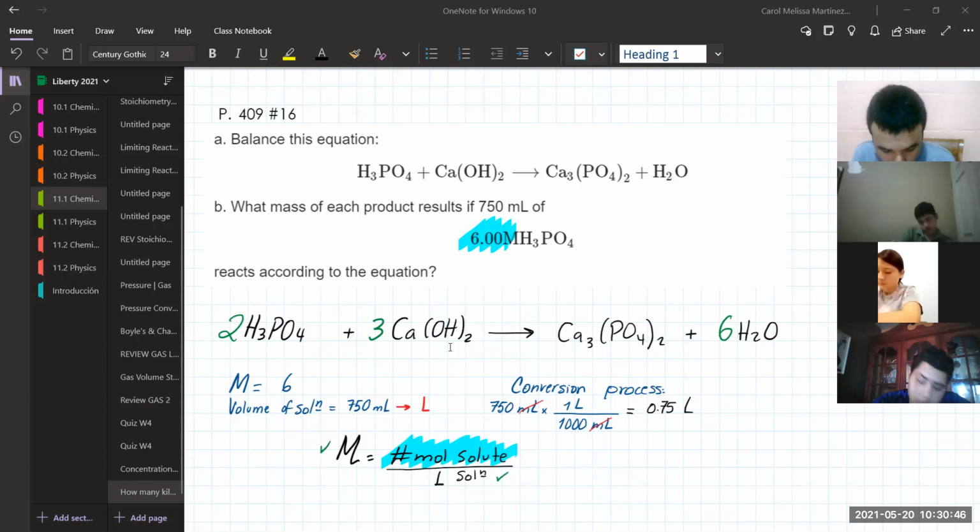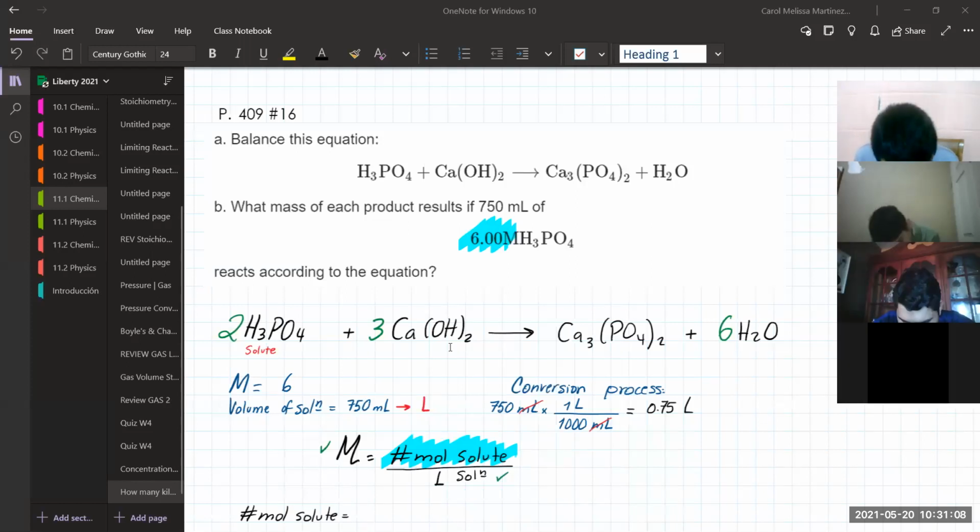In this case, the solute that is in the problem is the phosphoric acid. Okay? So I say, number of moles of solute, the isolation process is going to be molarity times the liters of my solution. Okay?